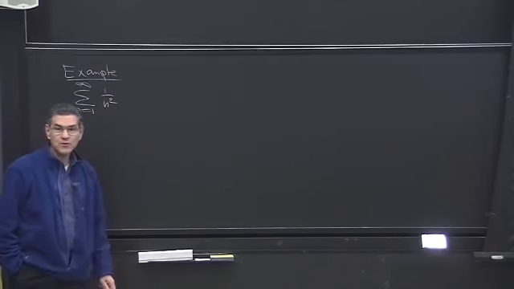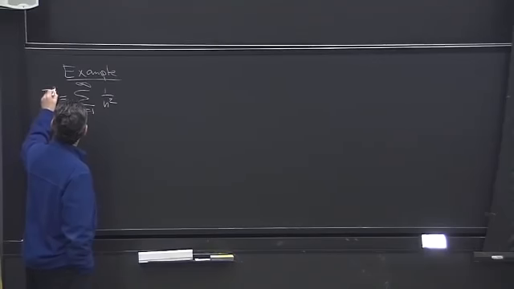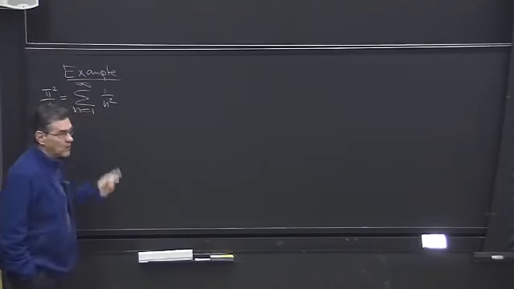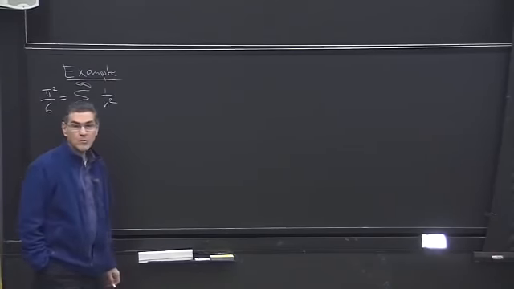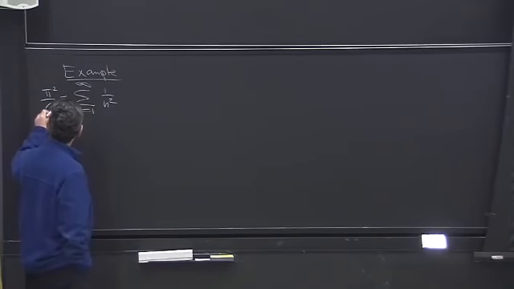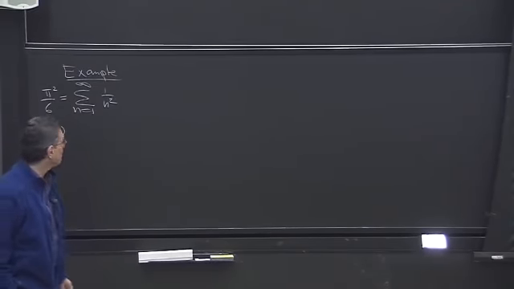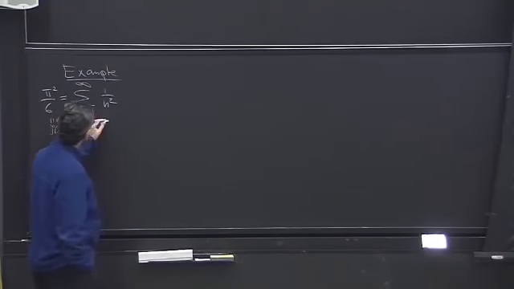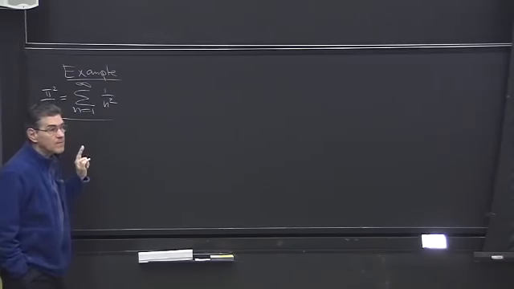Do you know what the answer is? Pi squared over 6. That's right. This is a very famous series. If you want to be really fancy, you can say this is zeta of 2. Don't have to be so fancy. But this series is pi squared over 6.